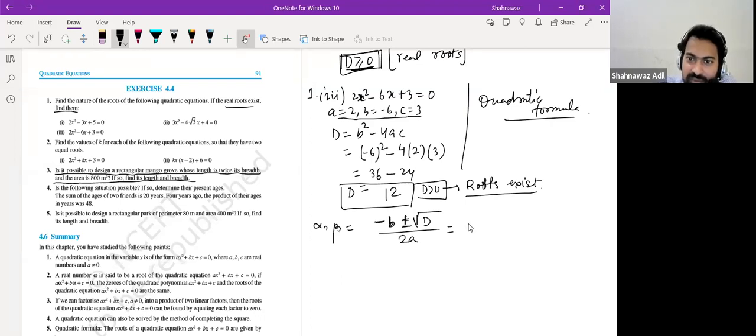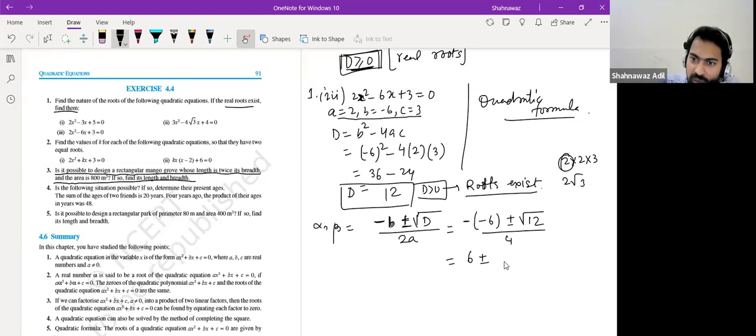Minus B is 6 plus or minus under root 12 divided by 4. Root 12 is 2 into 2 into 3, so 2 root 3. So 6 plus or minus 2 root 3 by 4.